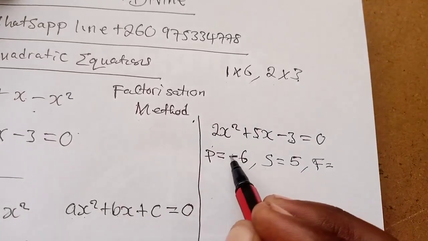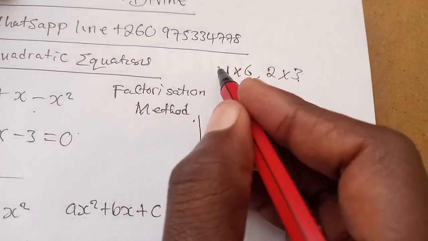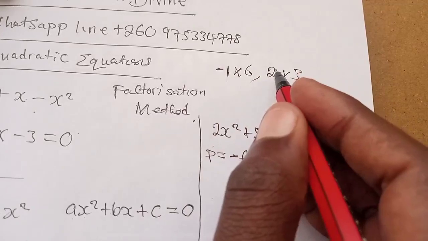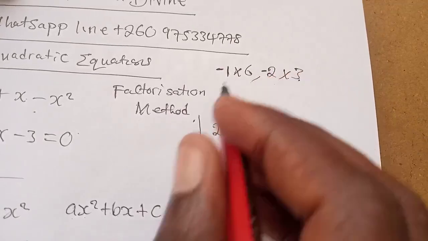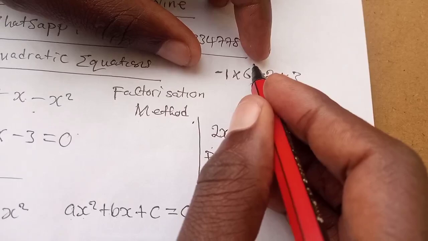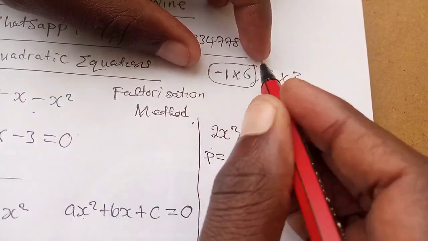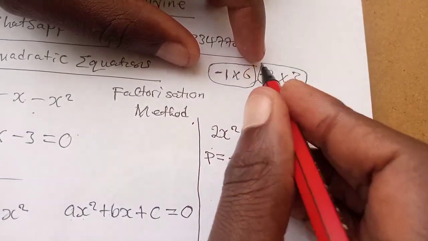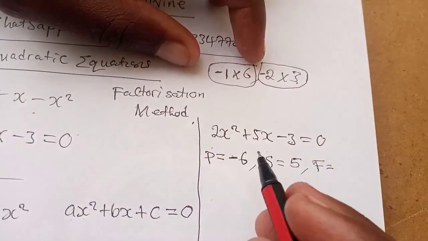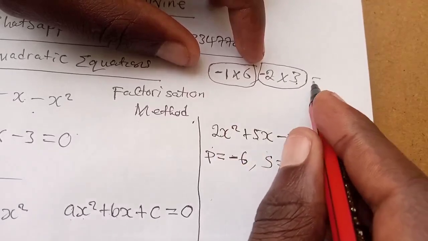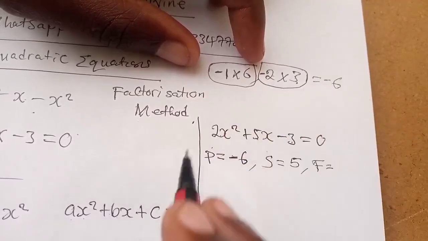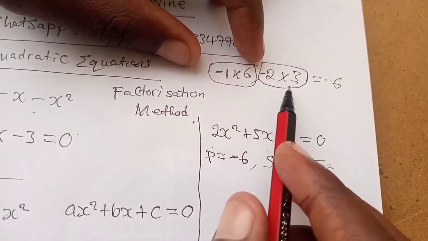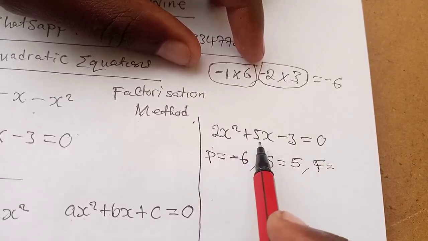Since our product is negative, we put a negative here. Let's start with this one. When you multiply these, they give the product negative 6. But when we add them, are they giving us positive 5 as the sum?